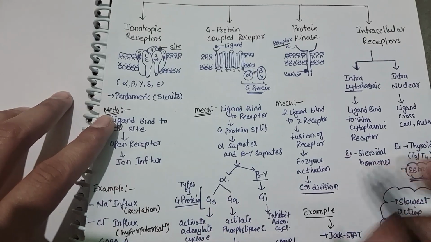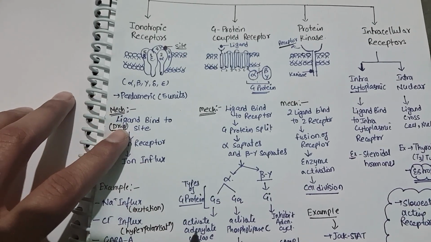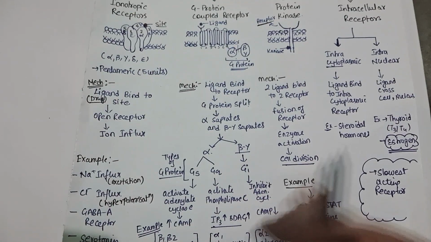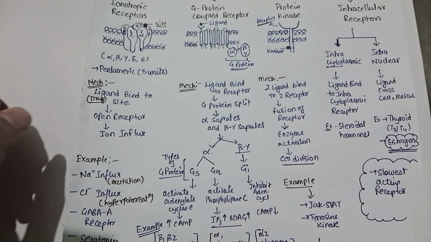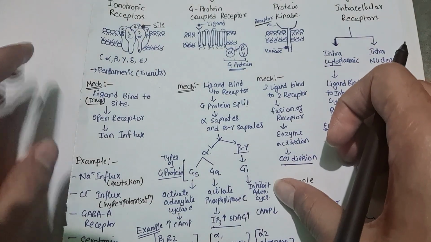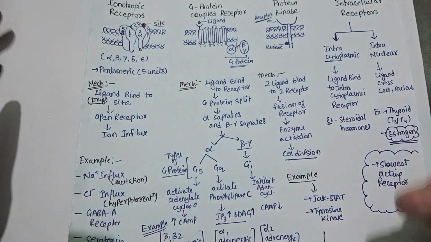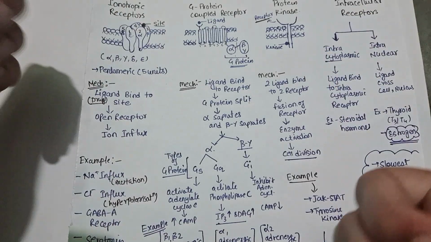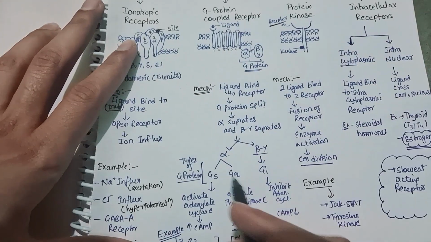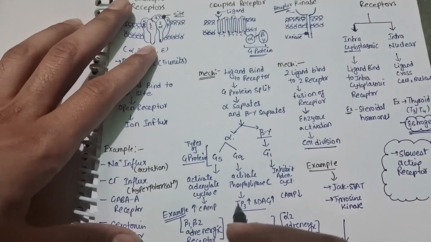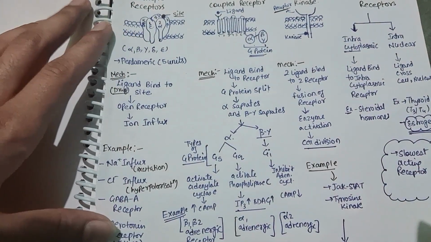Gs type protein activates adenylyl cyclase, which starts the cAMP pathway, and Gi also acts on the cAMP pathway, but it decreases it, so it inhibits adenylyl cyclase. Gs and Gi work on the same principle, but one is increasing, another is decreasing. Gq type works by activating phospholipase C, and its action is through IP3 and DAG.